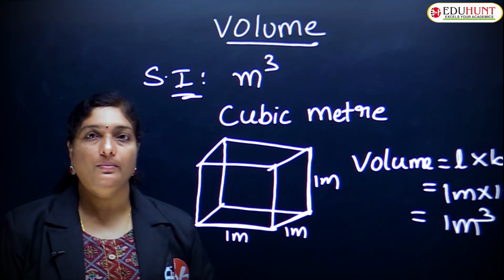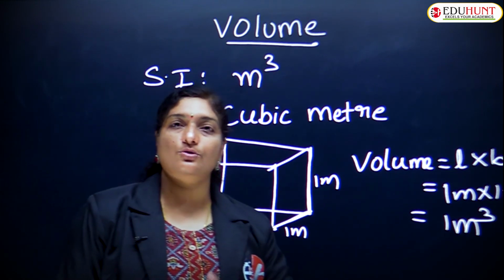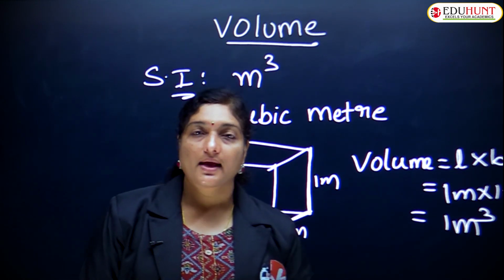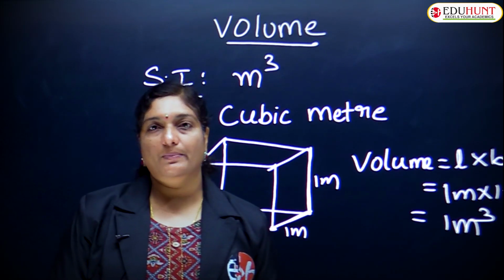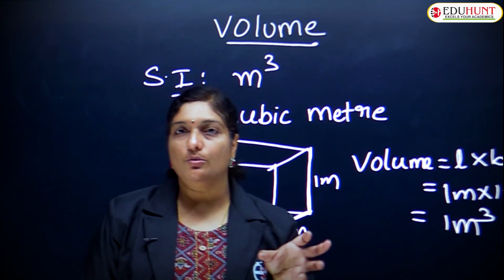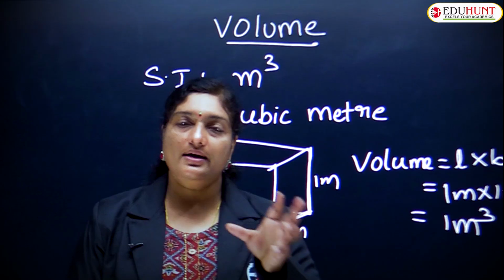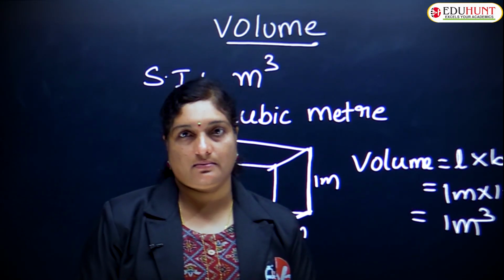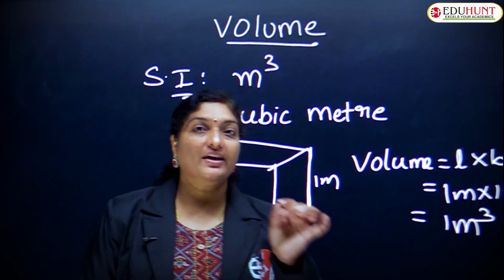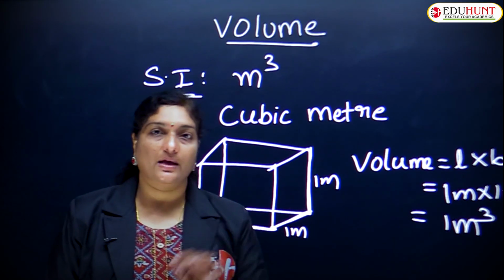So for what substances do we measure volume? Anything. It might be solid, liquid or gases. You will be representing the volume of a solid, liquid or gas in meter cube or cubic meters. But a specific unit is there for liquids.